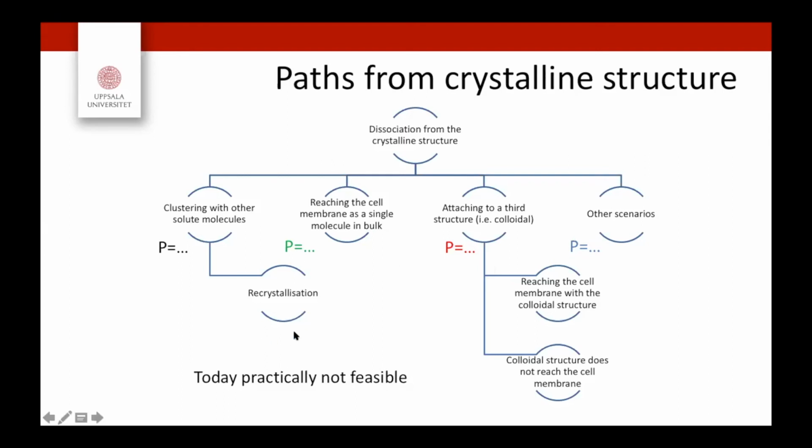But today, I think it's practically not feasible. So that's why we limit ourselves to just comparing the solubility of compounds in different solvents, or the other way around, several compounds in the same solvent.